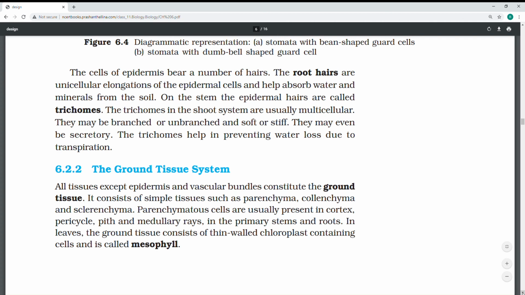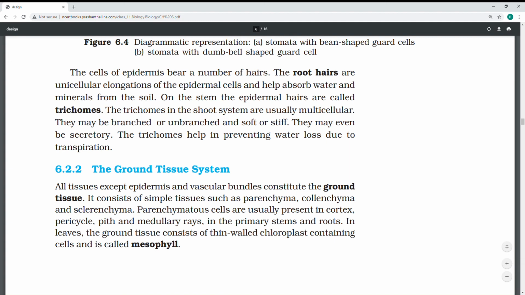Now I am moving on to the second one, the ground tissue system, all tissues together. The ground tissue system contains all tissues that are neither dermal nor vascular. That is why parenchyma, collenchyma and sclerenchyma come under this.